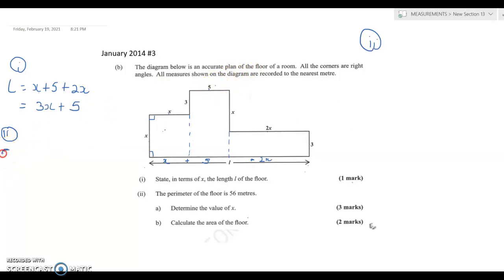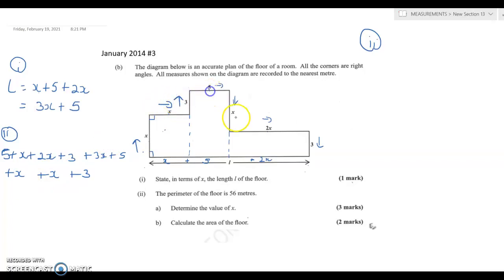So 5, plus, we'll come here, plus the x, plus the 2x, coming down, plus 3, then the length is what we found out above, which was 3x plus 5, and then x coming up here, plus x again, plus 3.